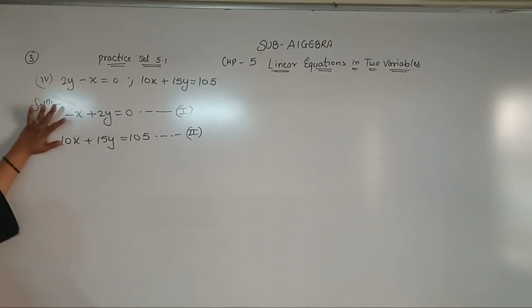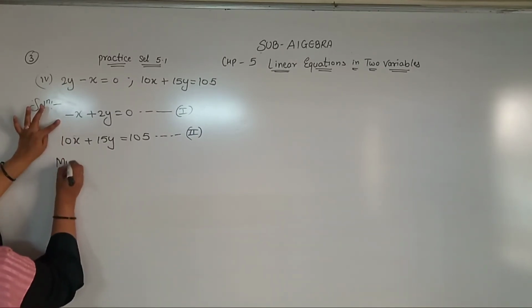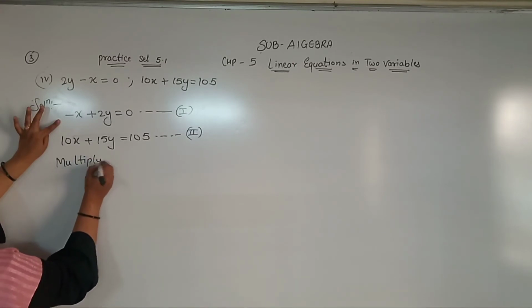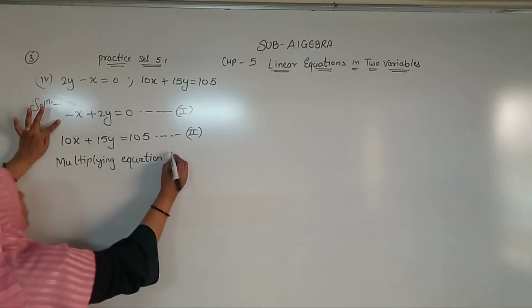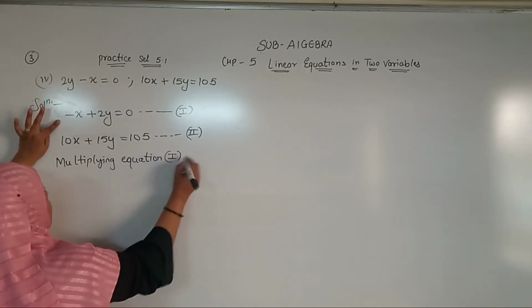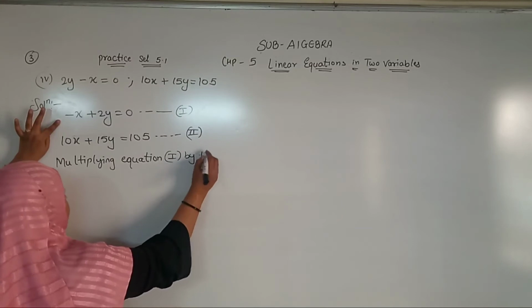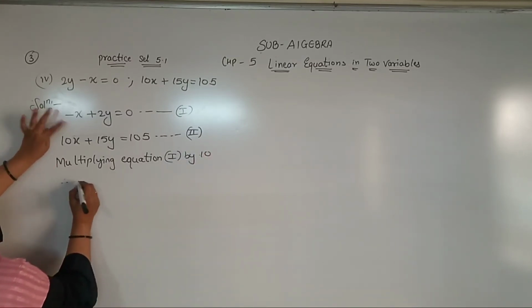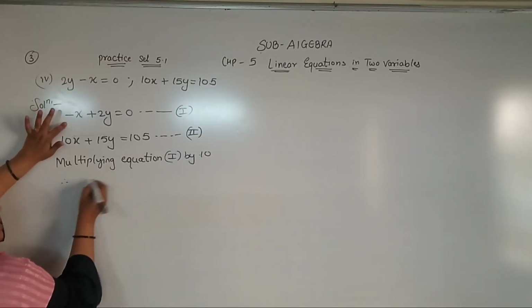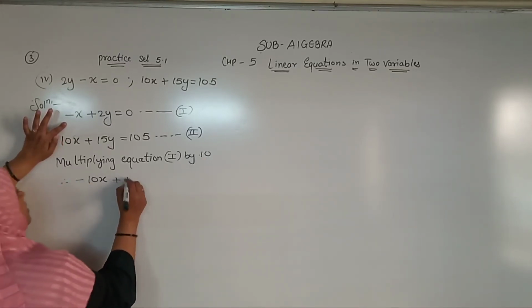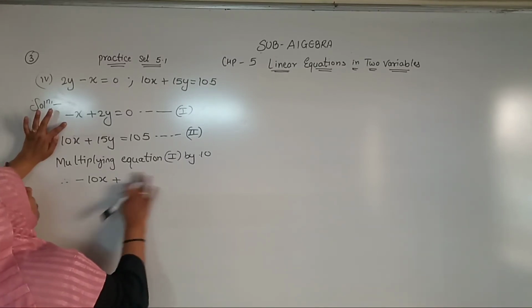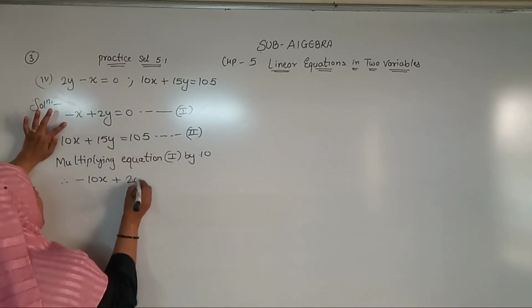Now see, I have only x here and here I have 10x. So I should multiply equation number 1 by 10. So I am writing here, multiplying equation 1 by 10. So minus x is multiplied by 10, and I get minus 10x. 10 twos are 20, right?